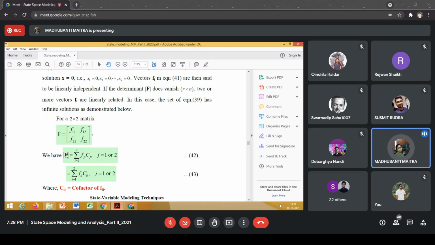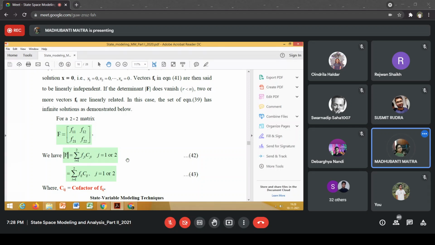So the determinant of F can be computed as a summation of i varying from 1, actually i is assuming in this case two values, one is 1, another is 2, and in a compact form, the determinant can be represented as Fji into Cji, where Cji is the cofactor of this element Fji, and the value of j will be either 1 or 2.